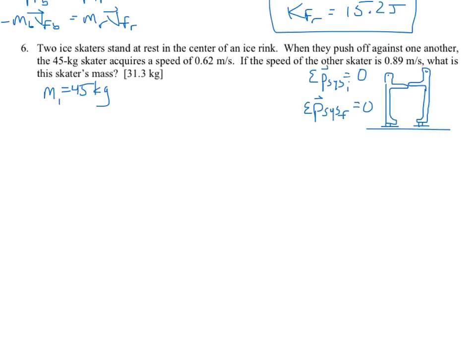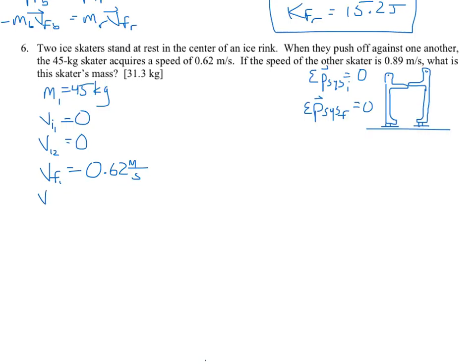We've written down the mass for the first person. The initial velocity of 1 is 0, and the initial velocity of person 2 equals 0, because they're sitting still. The final velocity of person 1 equals 0.62 meters per second.